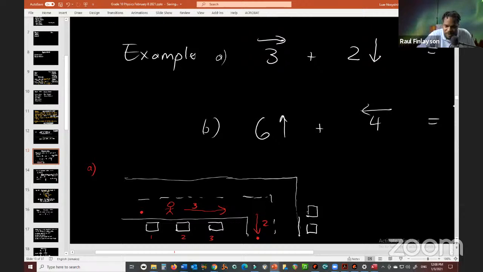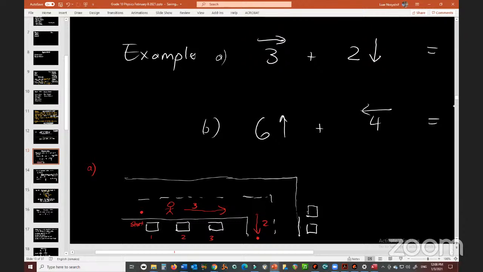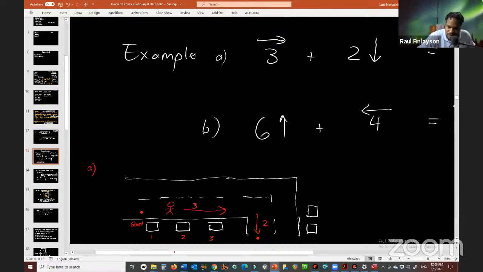A person is walking from where they start here. You tell them they must pass the tree house, right? And then they want to take the next turn-off, where you point the arrow, so they won't have to ask where. They take 3 forward and then 2 downwards, and they're supposed to end up at a certain point. So that is the idea with vectors.